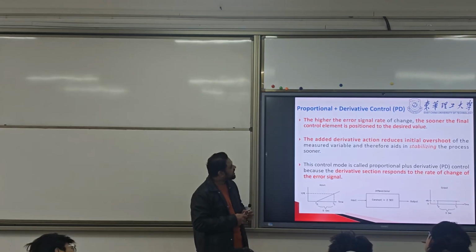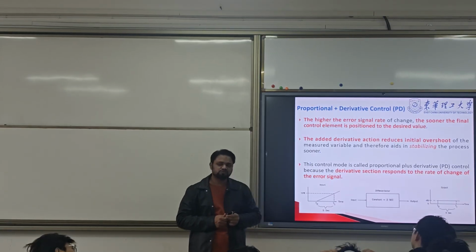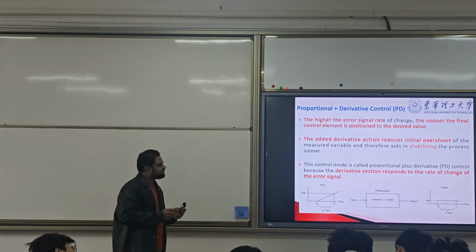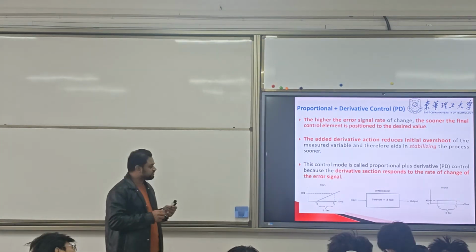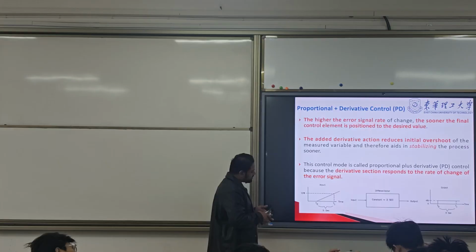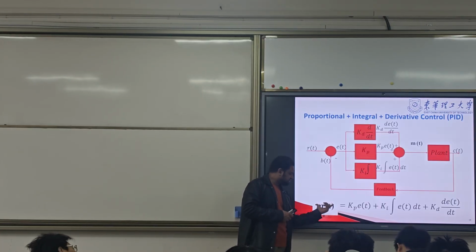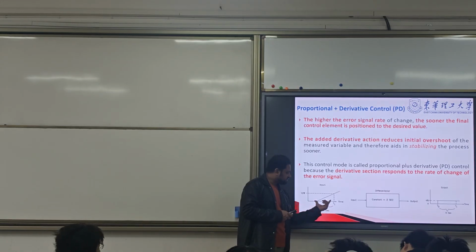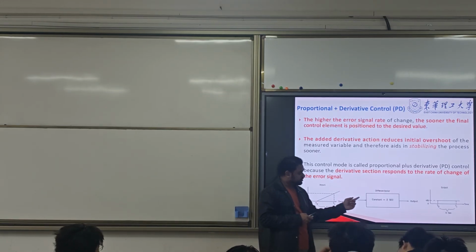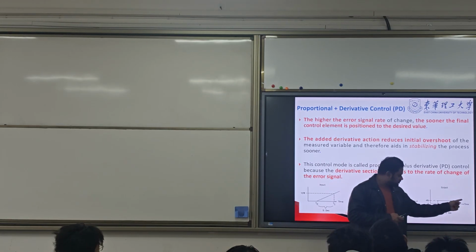Here, the higher the error signal rate, the sooner the final control element is positioned to the desired value. Here we have the higher error signal. This is the error signal because this is the input now. This input will make an output like this.